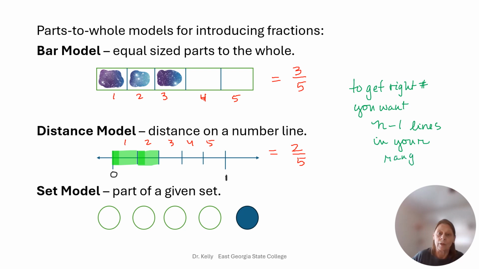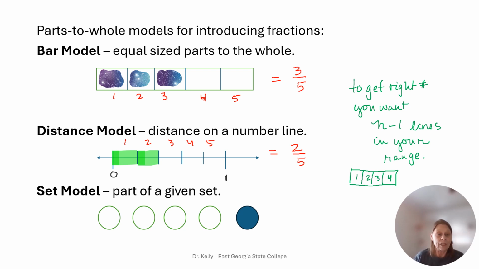So if we were trying to break this up into fourths, I would need 3 lines to get 1, 2, 3, 4. That's a good little thing to know in your pocket, so you're not always counting, and you can do it with some confidence and figure out how many lines you're going to have to put in there so that you can get them set as nicely as you can. It's not always possible when you're hand drawing things to get it all nice, that's for sure.